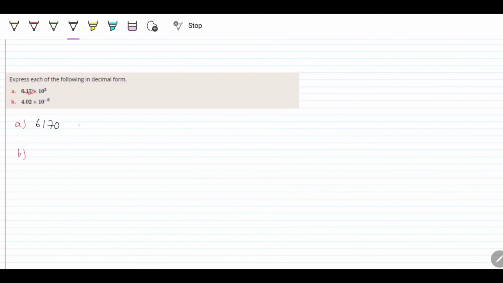Once again, the easiest way is to write out our decimal and move it across 6 times to the left: 1, 2, 3, 4, 5, 6. Fill in your gaps, that is where the new zeros go. So the number that we have is 0.00000402.